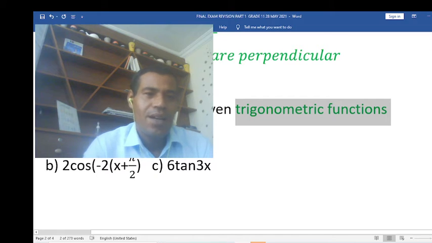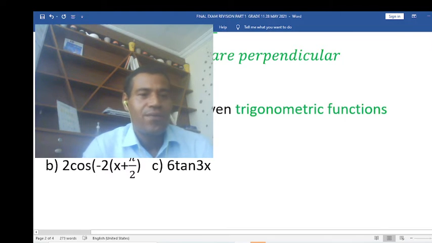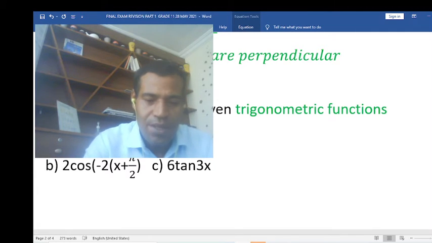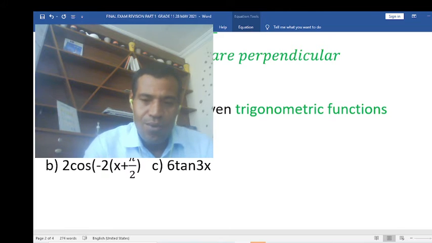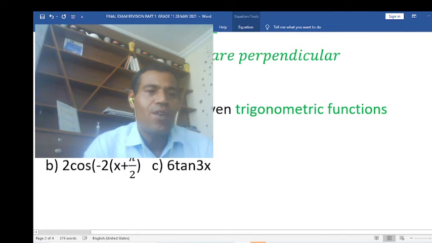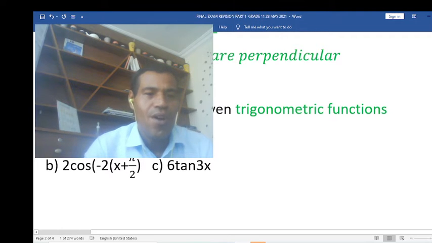All of them are involved in this equation or in this question. So, sine of ax plus b. So the period, learners, period is equal to what? 2 pi over the absolute value of a, or the magnitude of a.